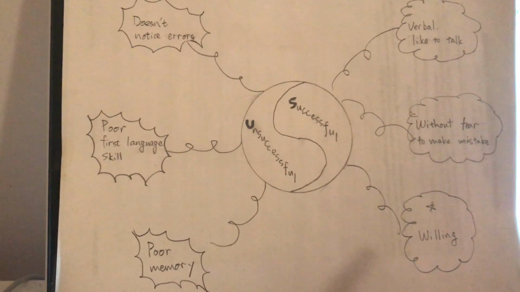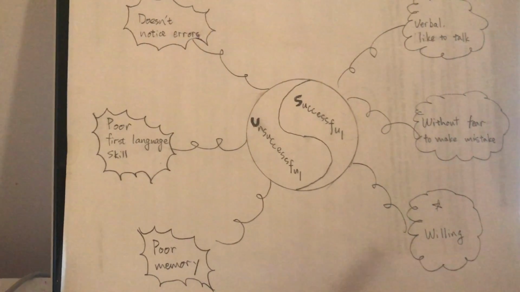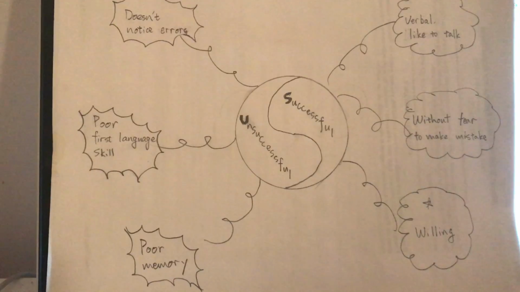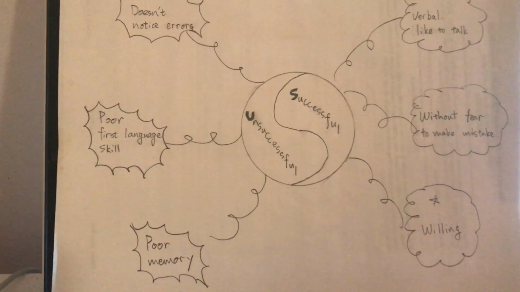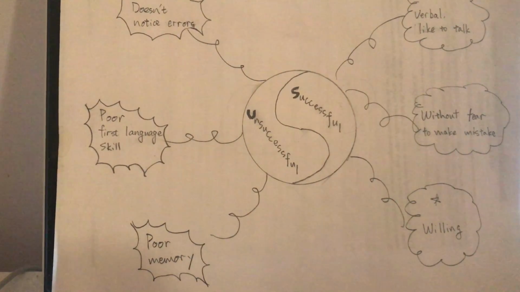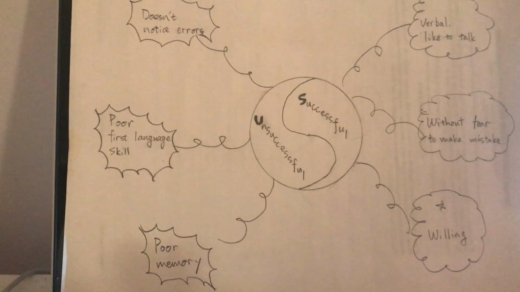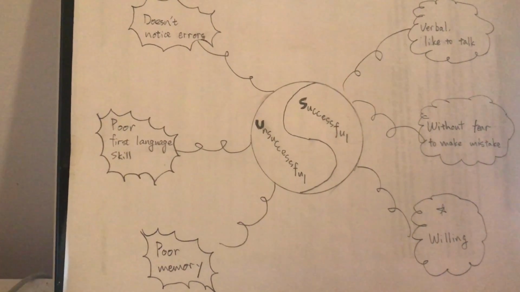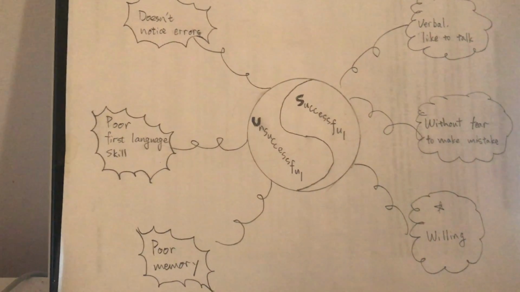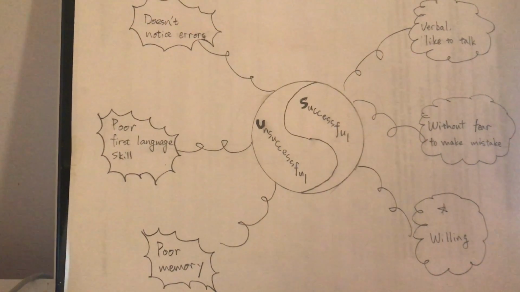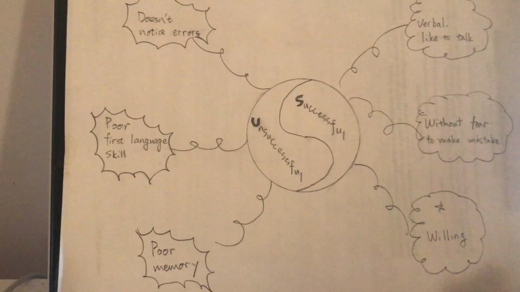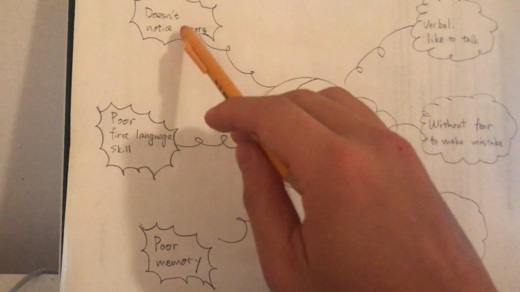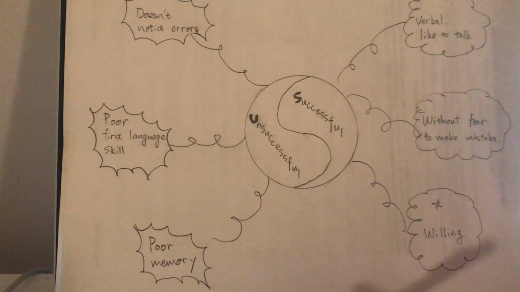We have to get some experience or useful information from the errors or from the mistakes. Then the information can make us go further, can make us be successful. If the immersion students do not notice errors, they will get no useful message from the mistakes. So this one is a very important predictor.